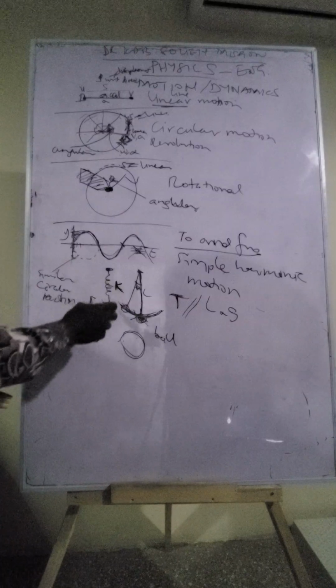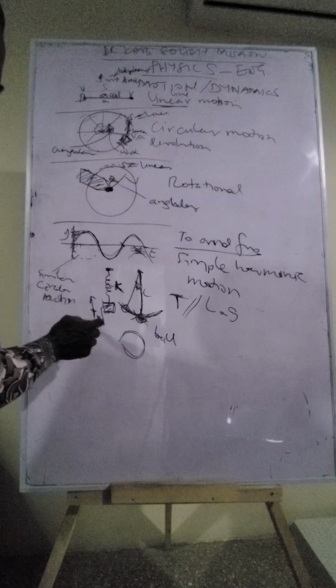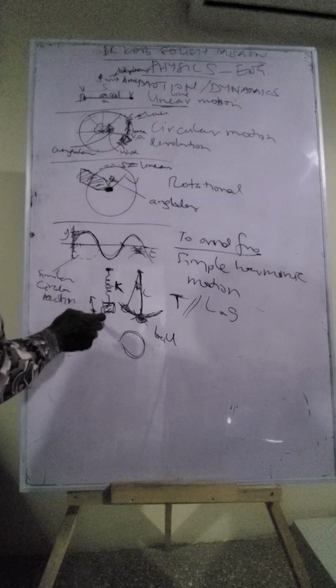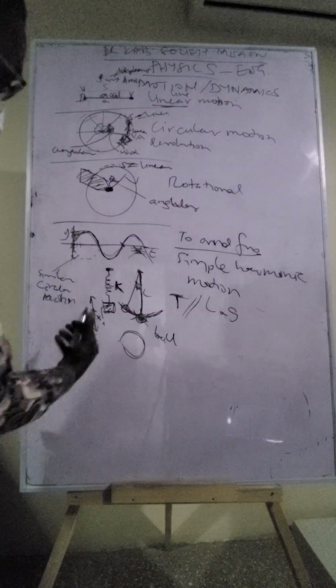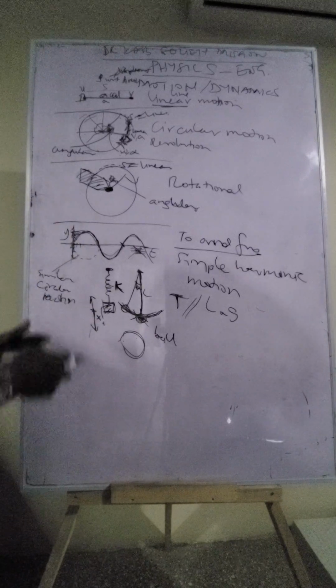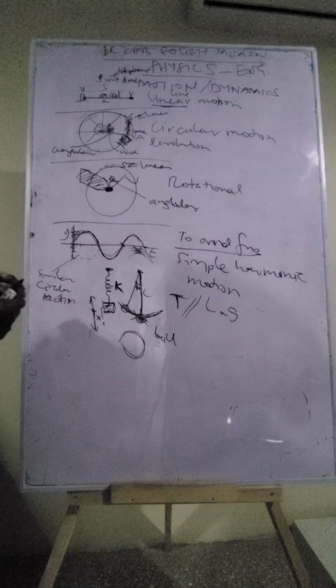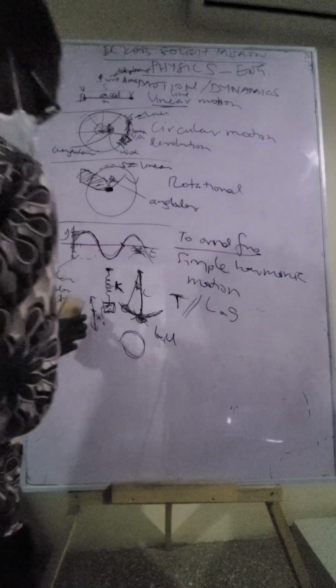We can displace it by a distance x, and this distance is what it will be changing with. We can find a relationship between the force it uses to move down and up. So let's move on to linear motion.